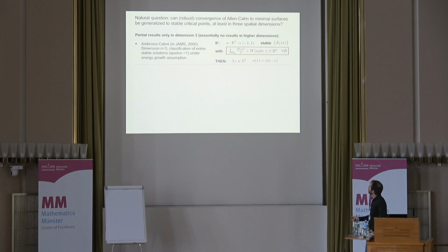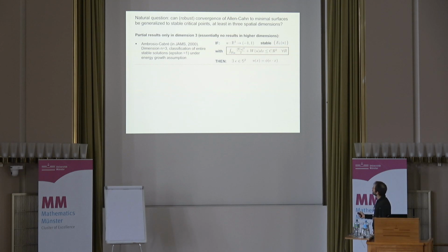But they assume that you are in the entire R3, and you have a stable solution for E1, the energy for epsilon equal 1. And this extra assumption, which is reasonable but not innocent, is that the integral of the energy in a ball is bounded by a constant times R squared, for any very large ball.